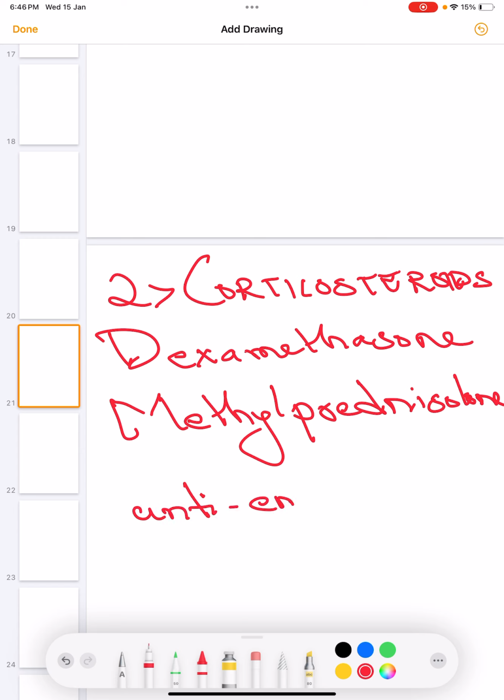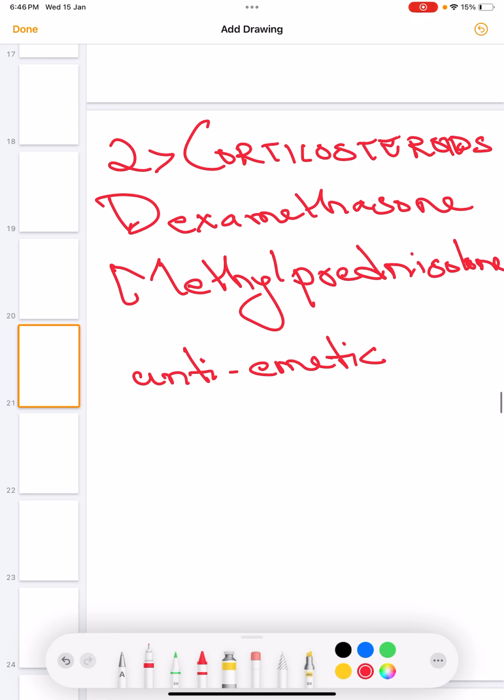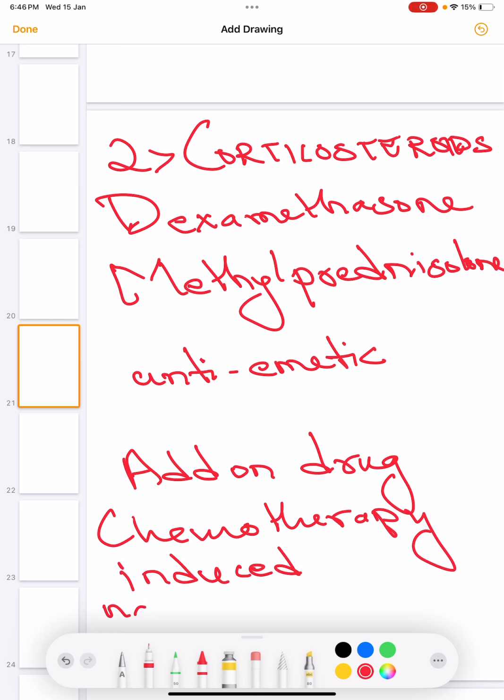But exact basis of these antiemetic properties is not known. They increase the efficacy of 5-HT3 receptor antagonist, so they are add-on drug for chemotherapy induced nausea and vomiting. They also suppress inflammation.